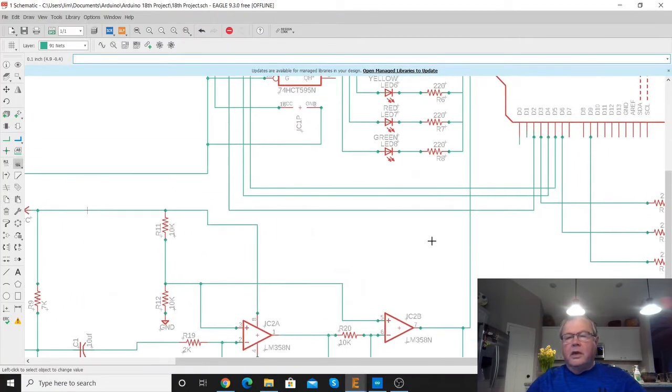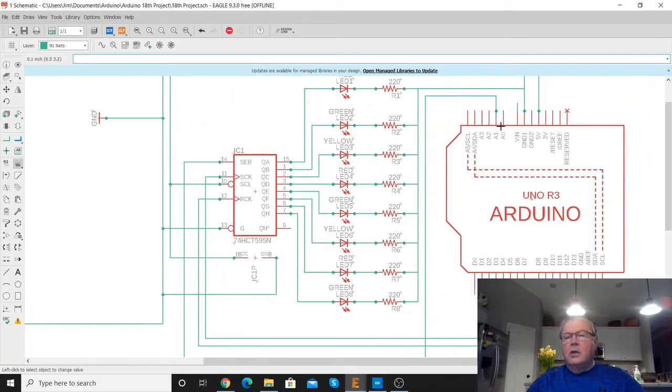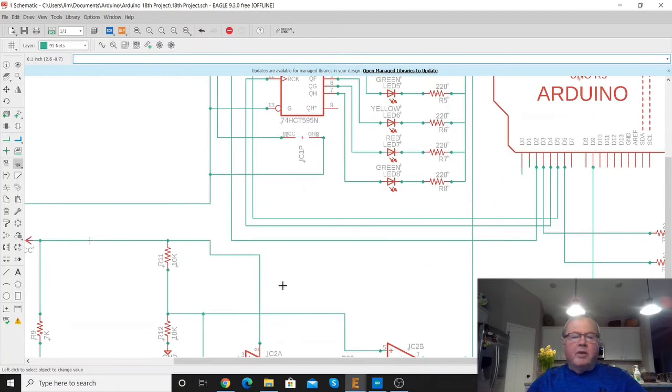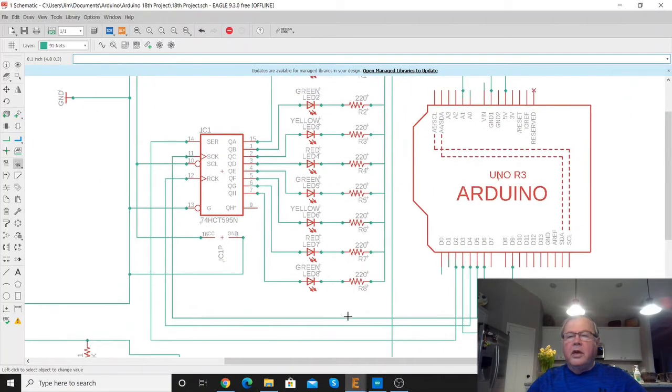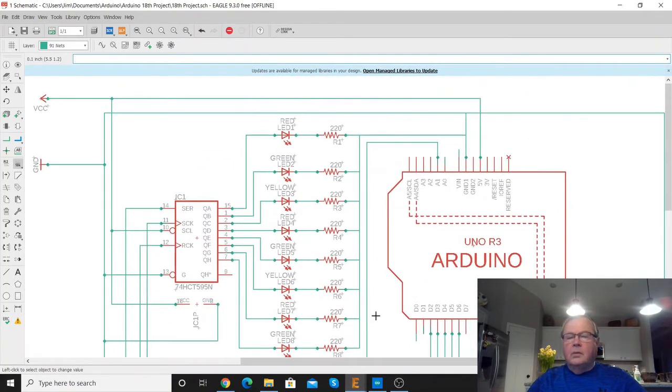And then we take that and we put that into an analog input on the Arduino. So this is going to be sampling that microphone output amplified by 500 and read that on the A0 pin.